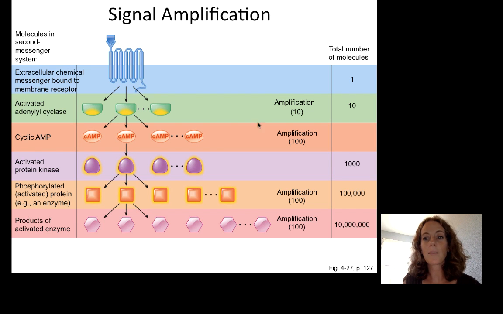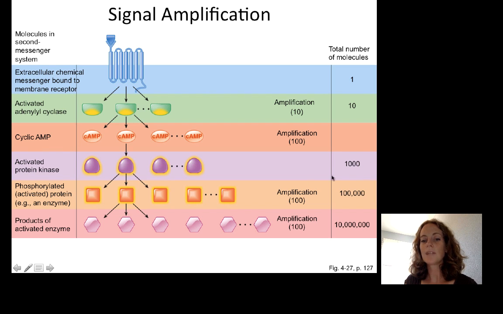So here's an example. One chemical can bind to one receptor, which can amplify and activate 10 adenylate cyclase. That will then multiply and amplify and activate 100 cyclic AMPs, which can then amplify and activate 1,000 protein kinase Cs.